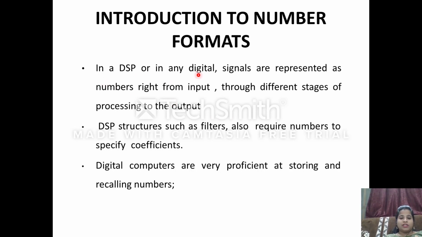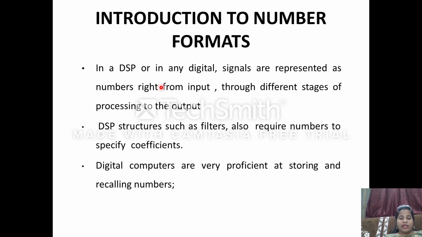In any digital or DSP signal, the signals are represented in terms of numbers, which is a mathematical form. From input to output, between the different processing stages, we deal with numbers in order to process the signal.